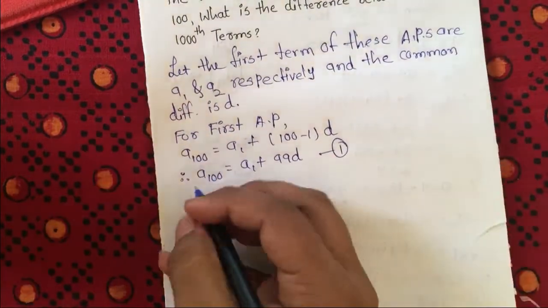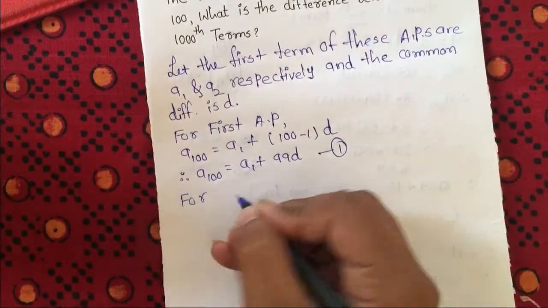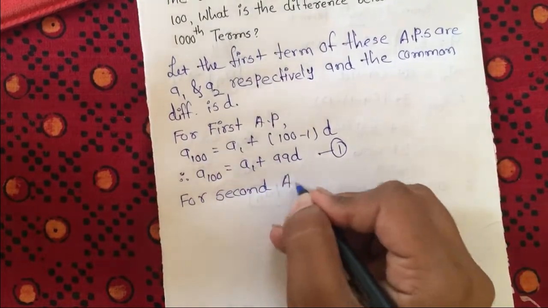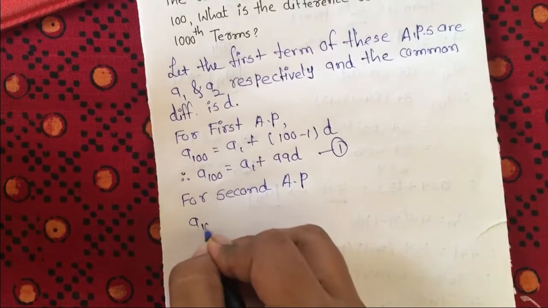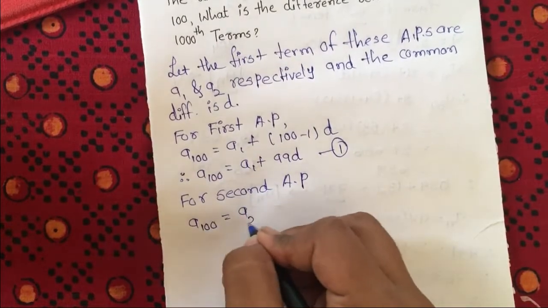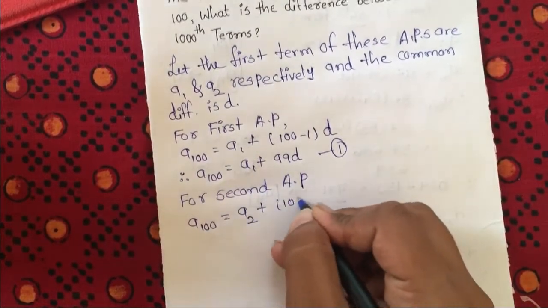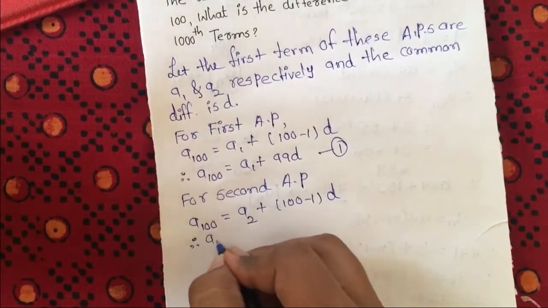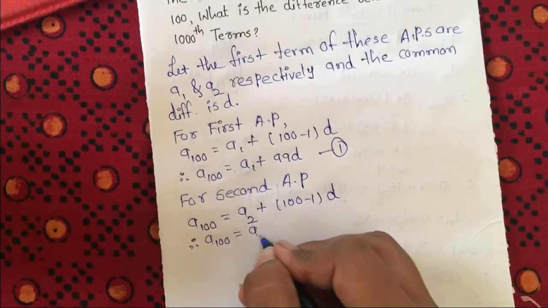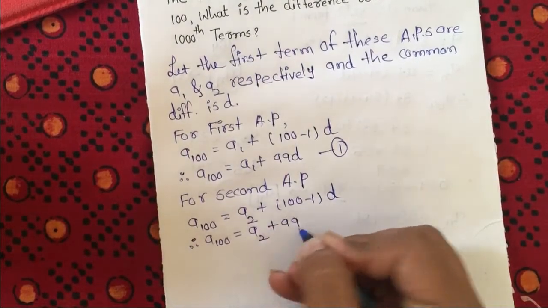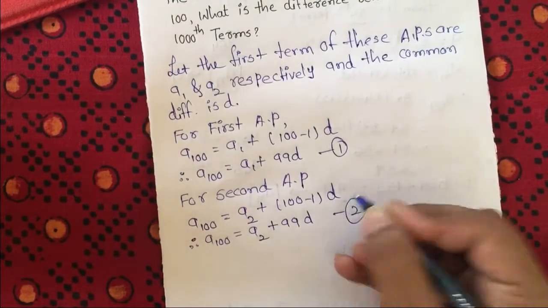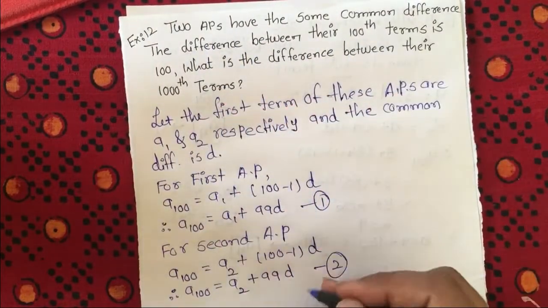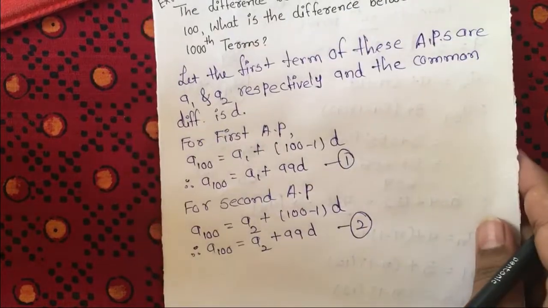Now for the second AP, A100 is equals to A2 plus 100 minus 1 into D. Therefore A100 is equals to क्या हो जाएगा, A2 plus 99D. Now what is the statement given here? The difference between their 100 term. So we have to find the difference between these two.